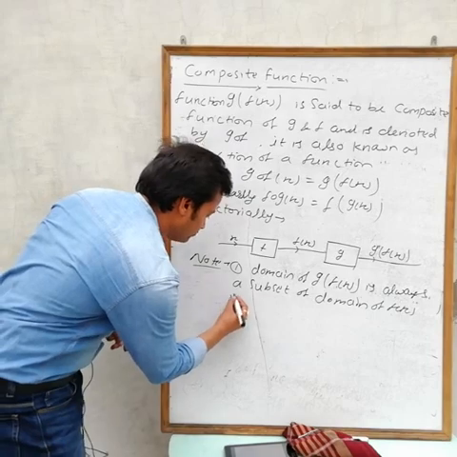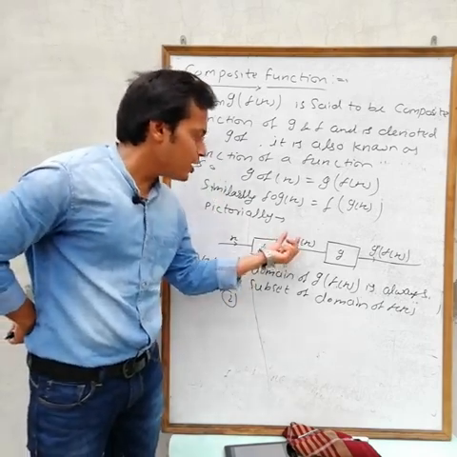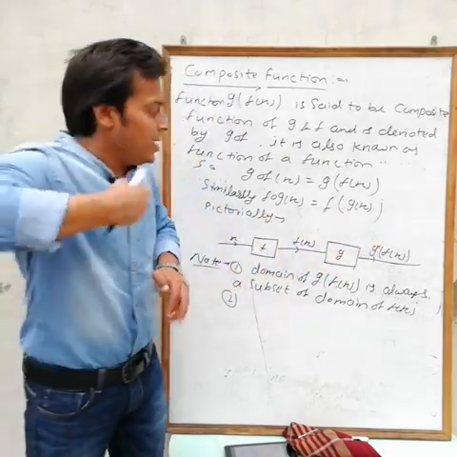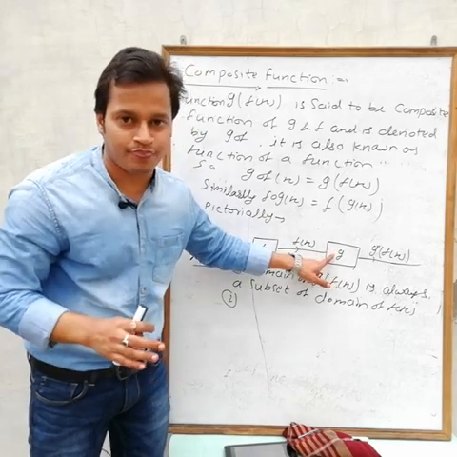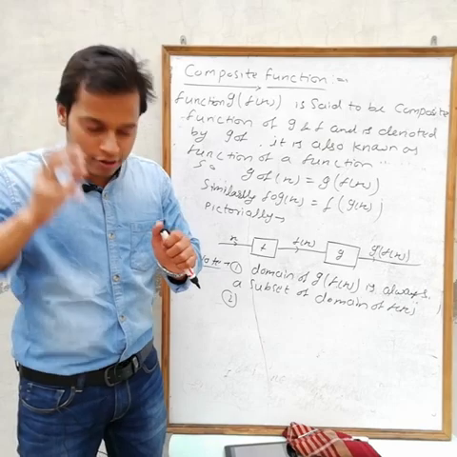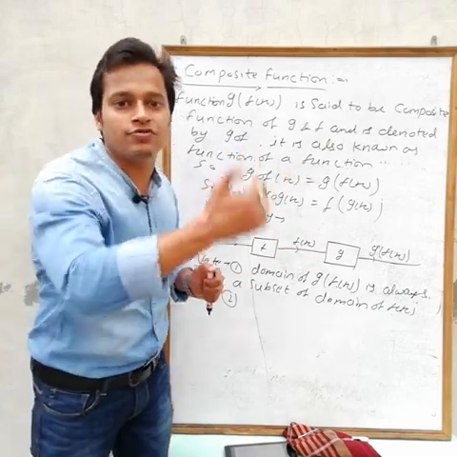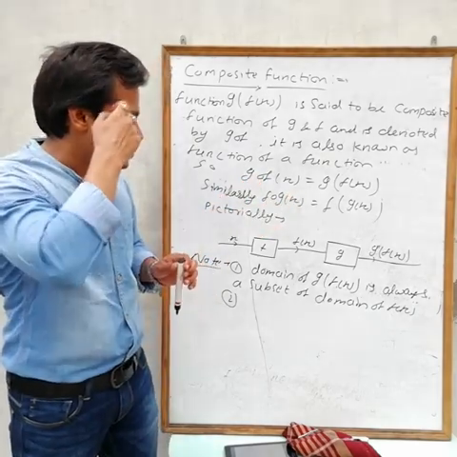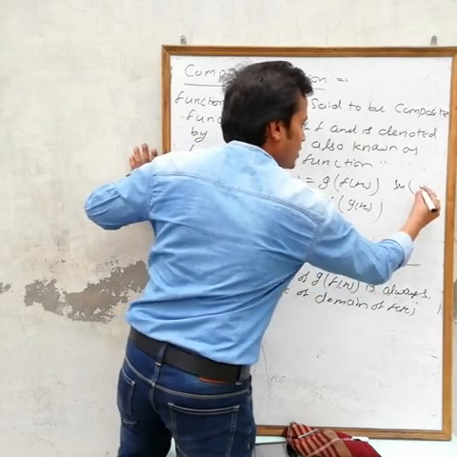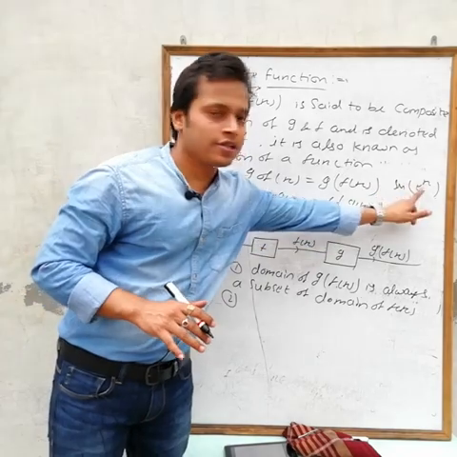And second point, now suppose x goes to f, then you are getting f(x), then f(x) goes to g, then we are getting g of f(x). So at the end the value is given by g, and g can't give a value which is not in the range of g. Suppose like this one, I am taking g as sine and f(x) as e power x.